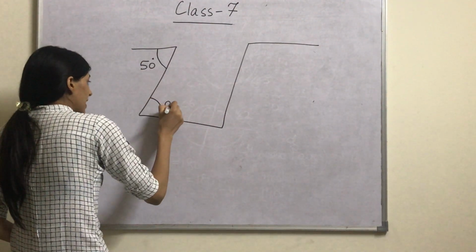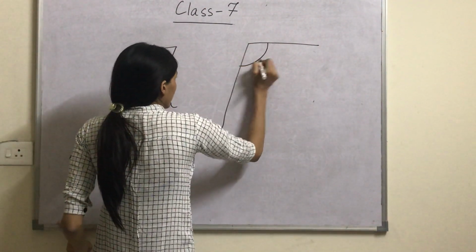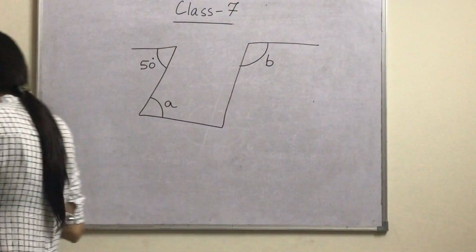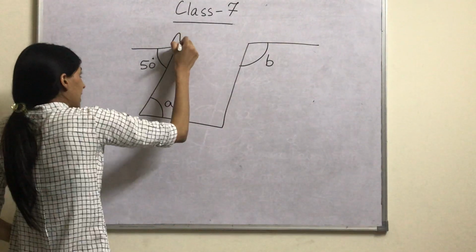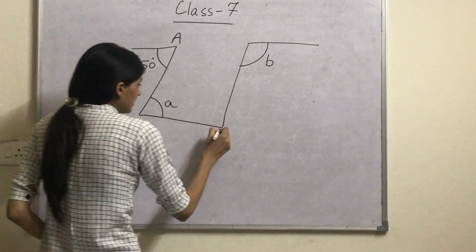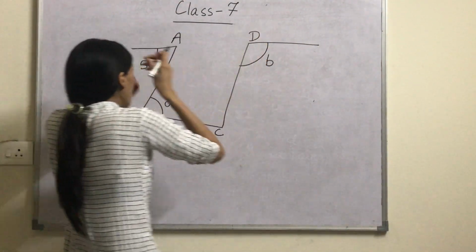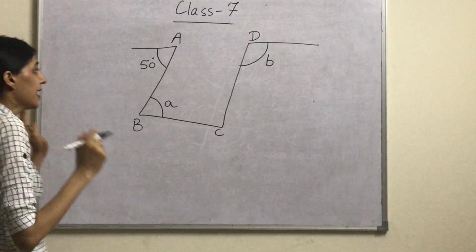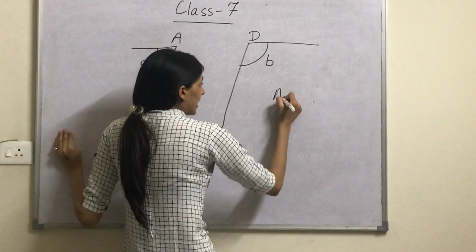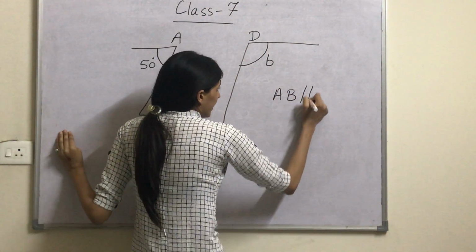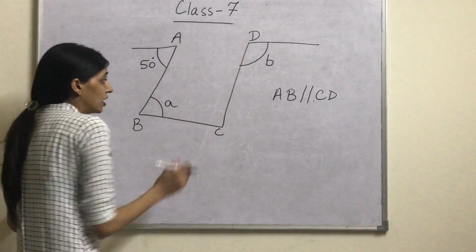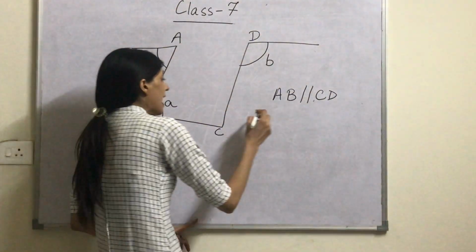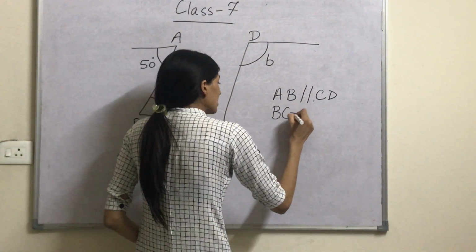This angle is A and this angle is B. A, B, C, D. Now what is given in the question is AB is parallel to CD. This AB line is parallel to CD line and BC is transversal.